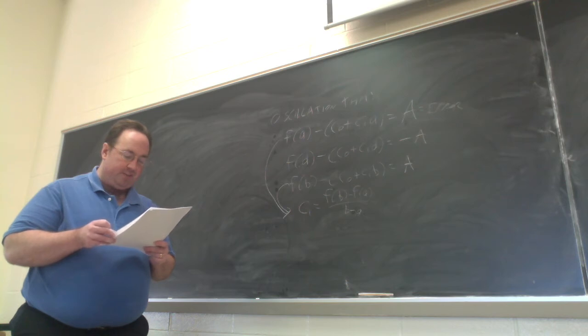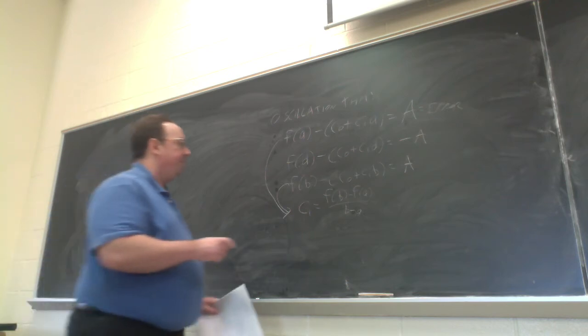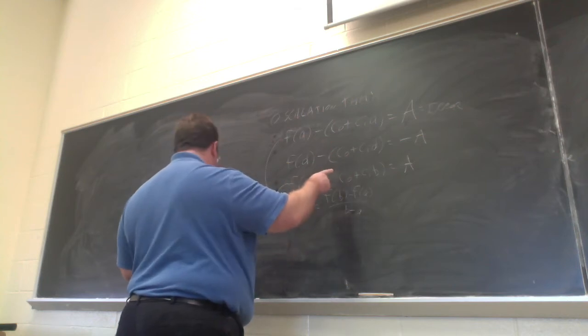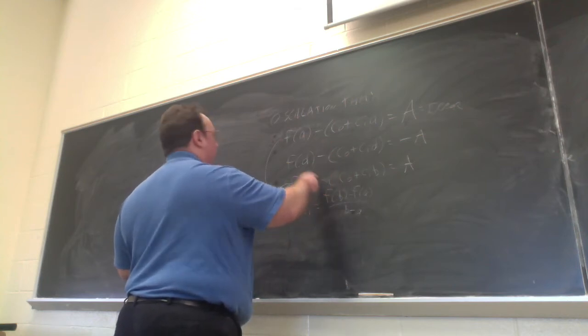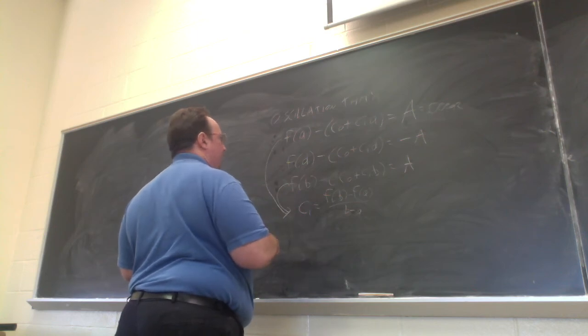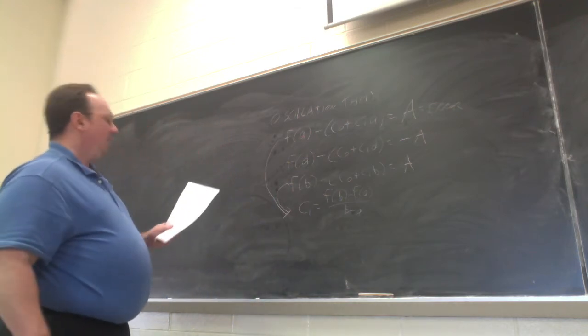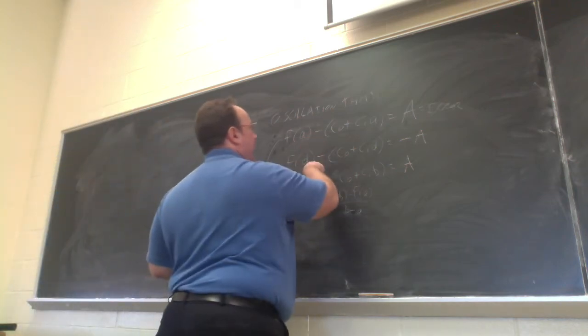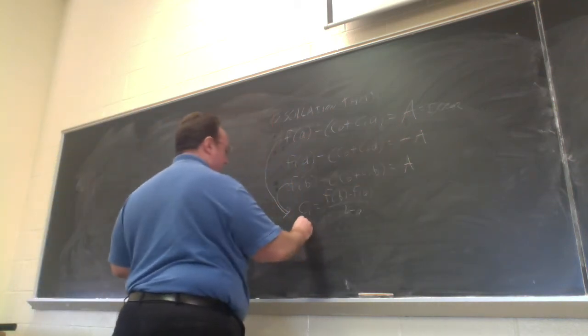Fortunately, we can get that too, because now that I know what C1 is, I can use the first two equations. I can add them, because if I add these two equations, the right sides will cancel.